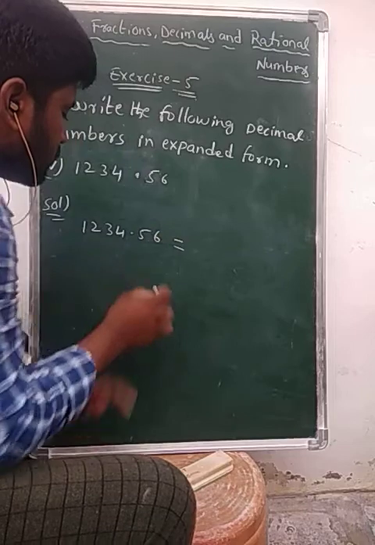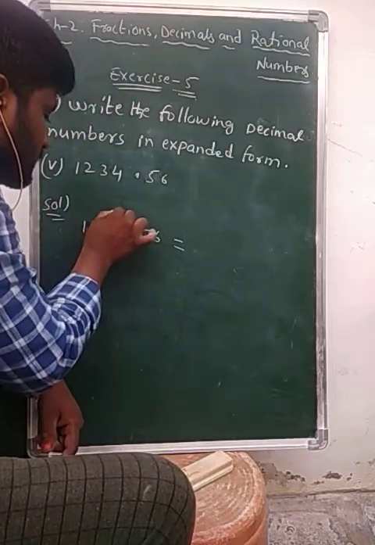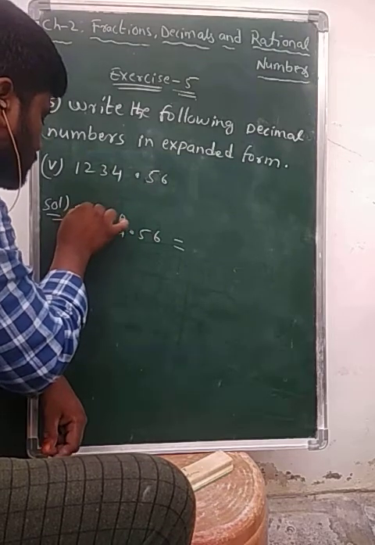1234.56. So, as I said just now, to the left side of the point we have ones place, tens place, hundreds place, thousands place, like this.